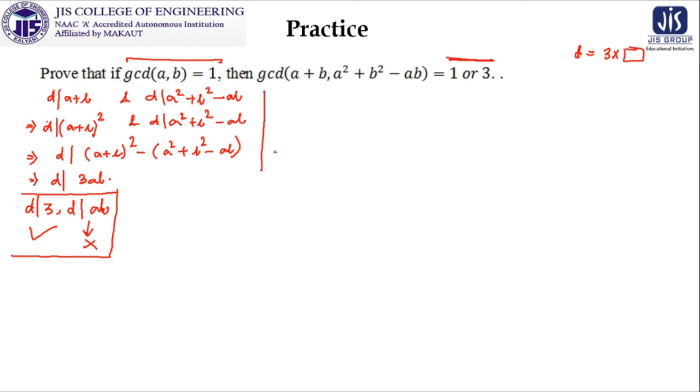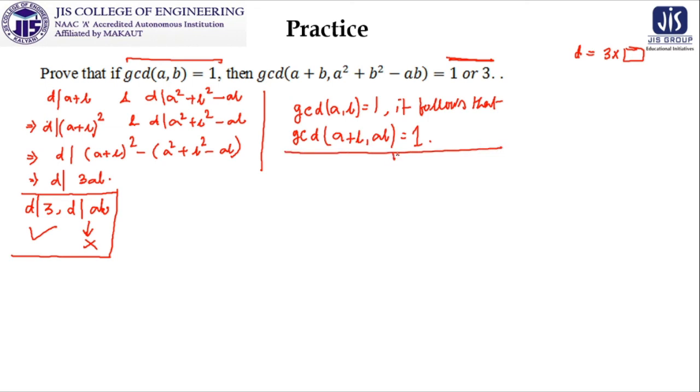So look at this. What we can write, that as GCD of a comma b is equal to 1, that means they are co-prime, it follows that from the properties of GCD, which was already discussed, GCD of a plus b comma ab will also be 1.